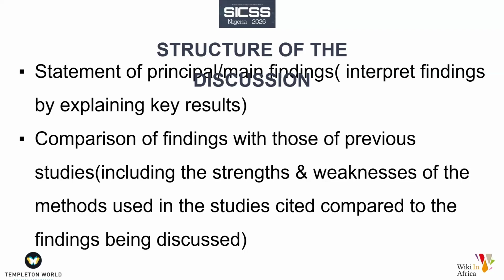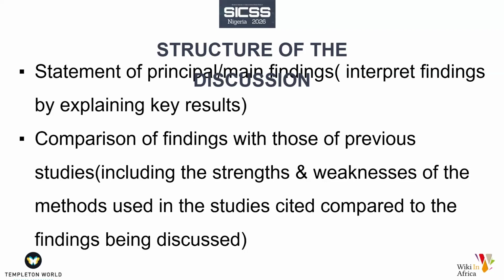However, you have to include the strengths and weaknesses of the methods used in the study cited compared to the findings being discussed. That study in Kenya, the study population was small. My own was larger. Something like that. So that's the essence of the next part: to compare your findings, including the strengths and weaknesses of those studies used and cited.